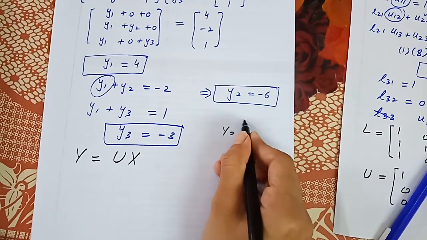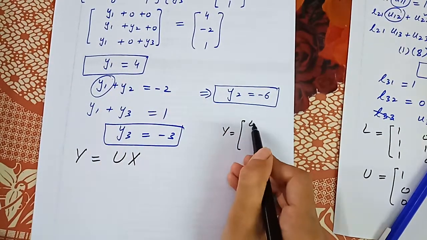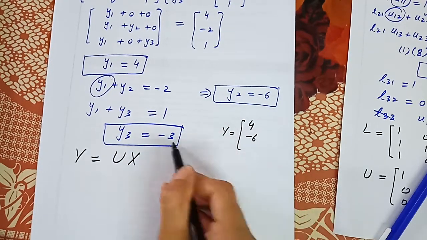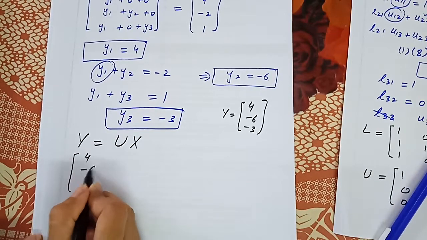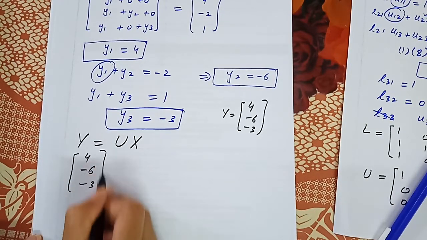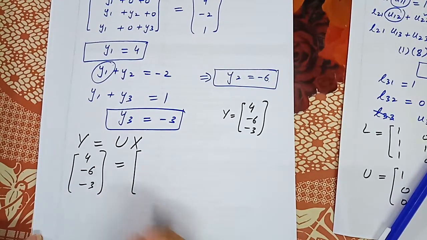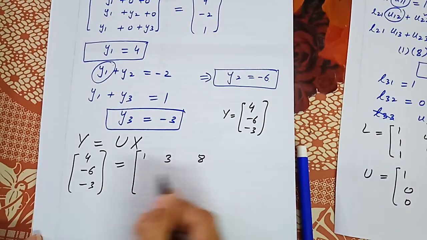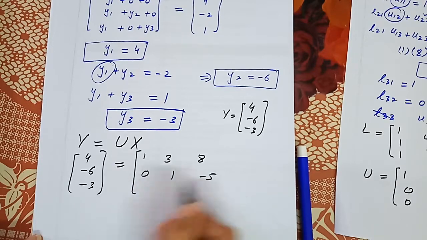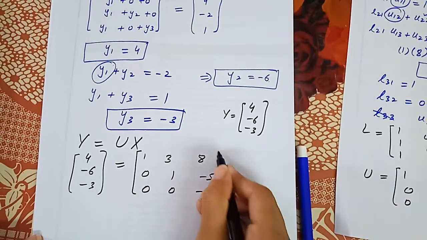Now Y matrix is Y1, Y2 and Y3. Let's write it. 4, minus 6, minus 3 equals the upper triangular matrix. The upper triangular matrix is 1, 3, 8, 0, 1, minus 5, 0, 0, minus 4.